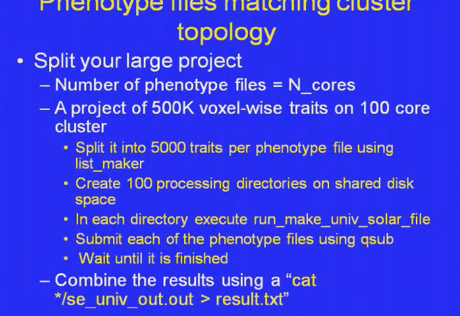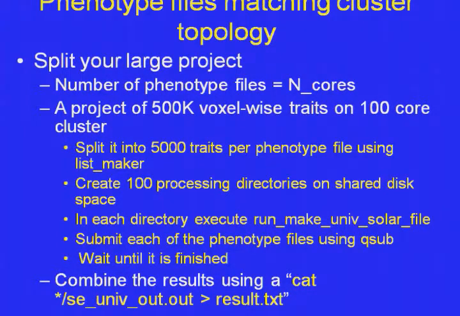This is where you have to start planning the number of traits in your phenotype files. It's best to accommodate the number of traits per phenotype file based on the cluster topology. One way to go about it is to split your large project into a number of phenotype files equal to the number of cores on your cluster.